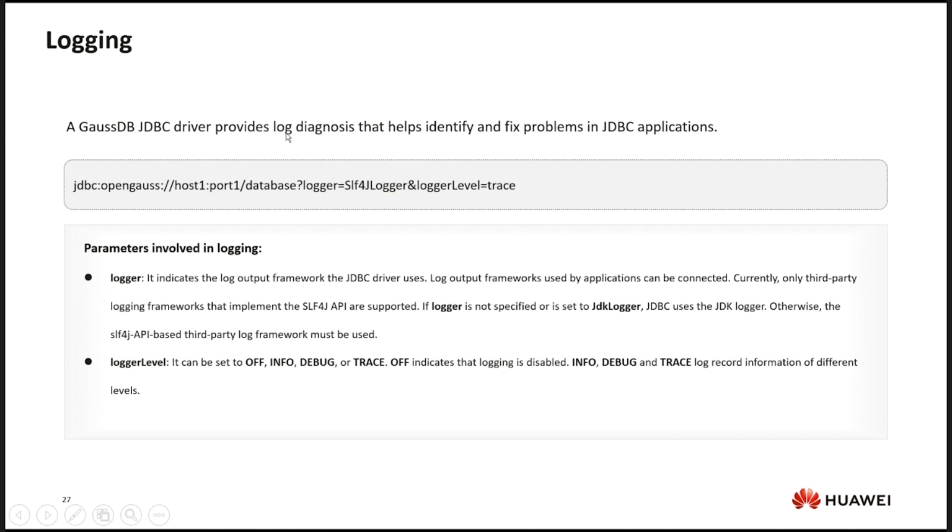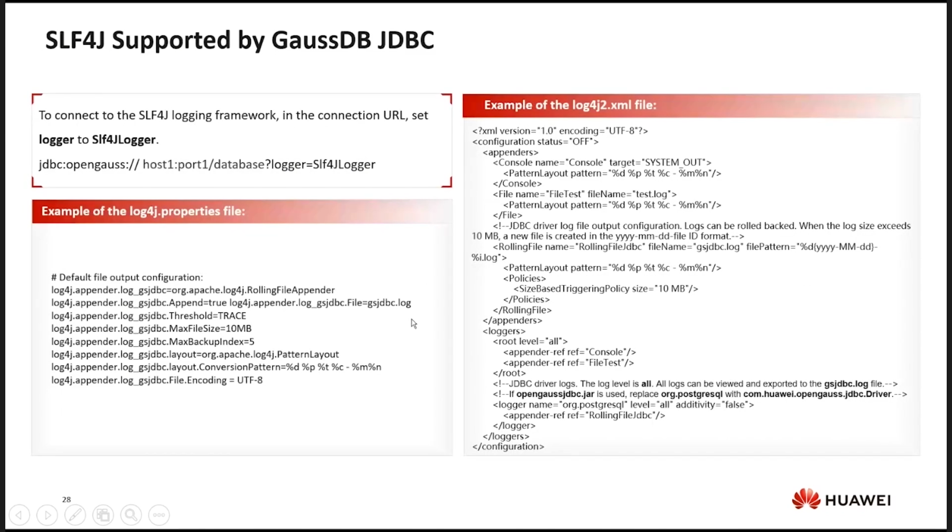General stability. Our JDBC provides a log facility that helps identify and fix problems in JDBC applications. Here is the parameter to set, and we have the levels information, debug, and trace, as other log systems have, implemented by the SLF4J API.